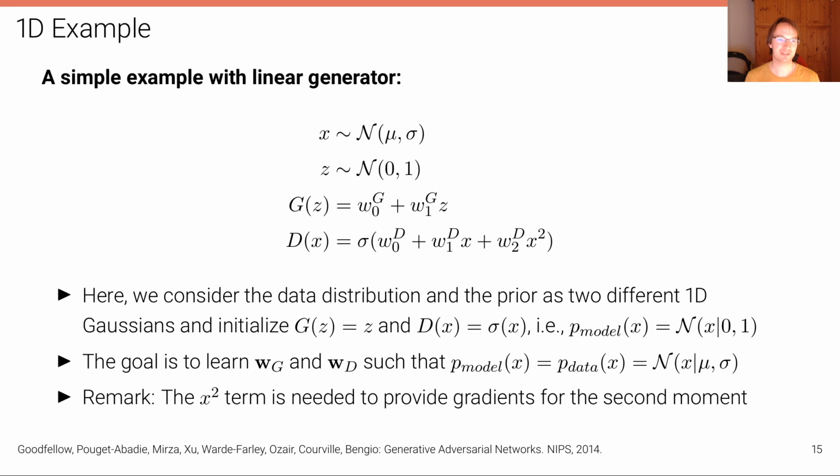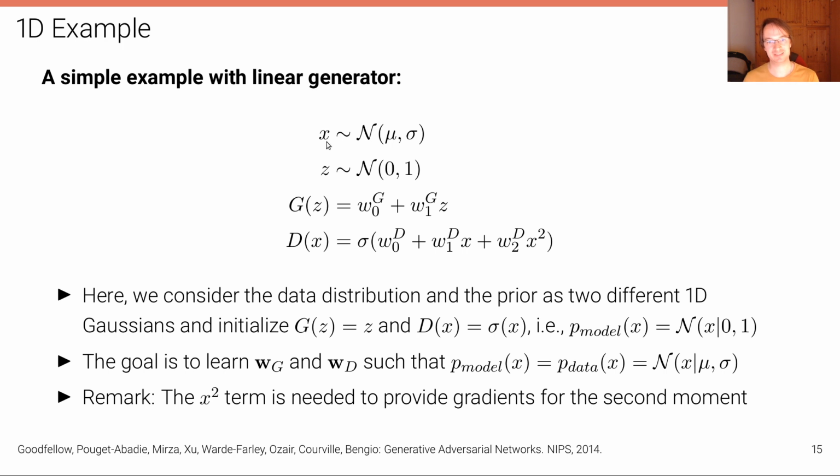To get a better understanding and more intuition about how GANs work, I've implemented, using plain NumPy, a very simple example with a linear generator. This is the example. It's a 1D example, easy to visualize. Let's assume the data distribution is a Gaussian.